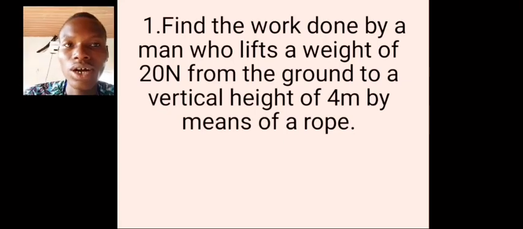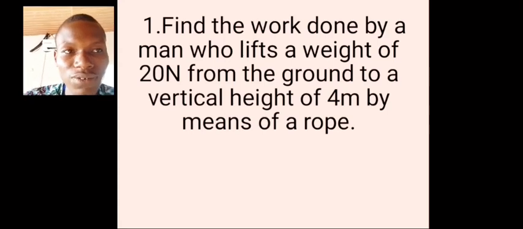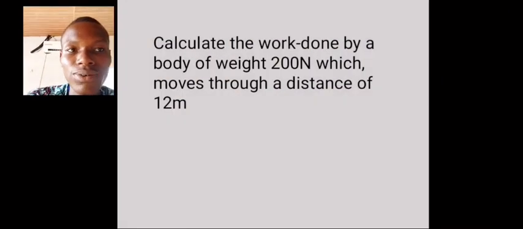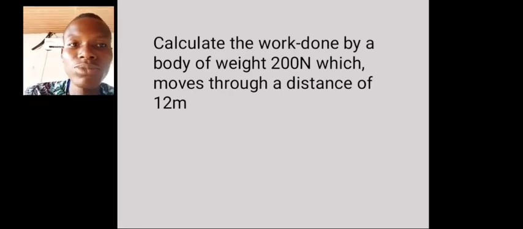The first take home snack is: find the work done by a man who lifts a weight of 20 Newton from the ground to a vertical height of 4 meters by means of a rope. Then the second one is: calculate the work done by a body of weight 200 Newton which moves through a distance of 12 meters.